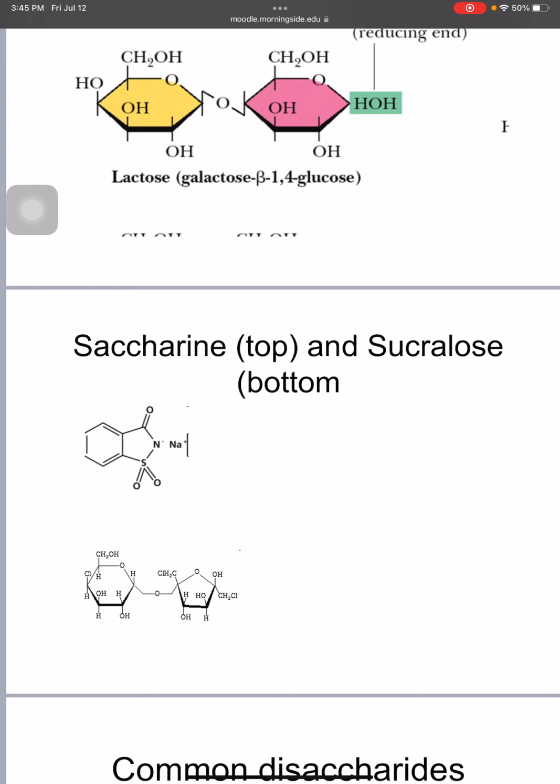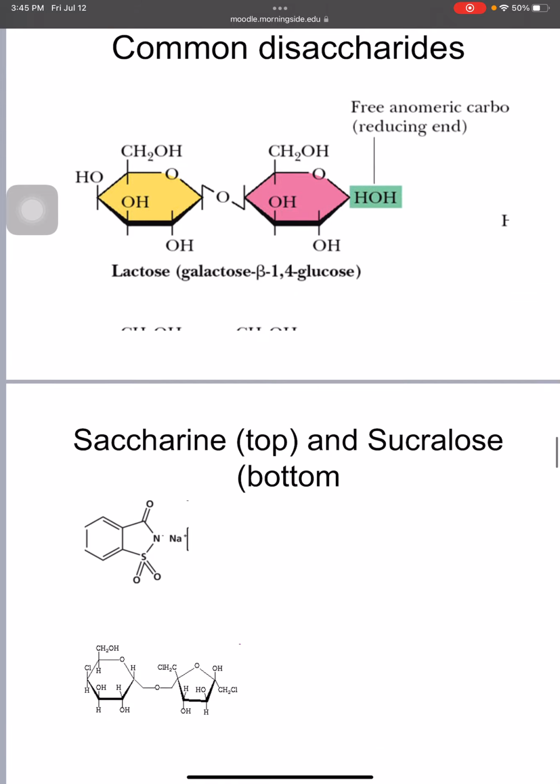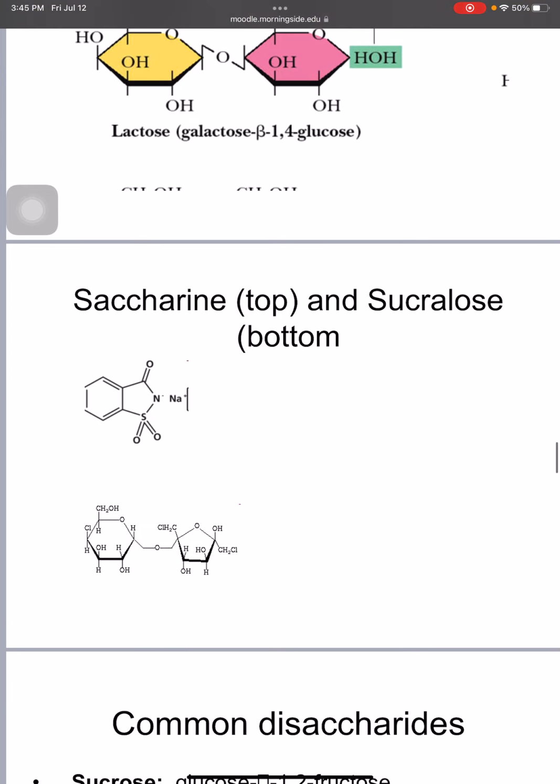Sucralose, if you compare the structure of sucralose to sucrose, that's in the next slide, you'll see they're very similar. Sucralose is actually a direct sucrose derivative. You've just replaced one of the OHs with a Cl.